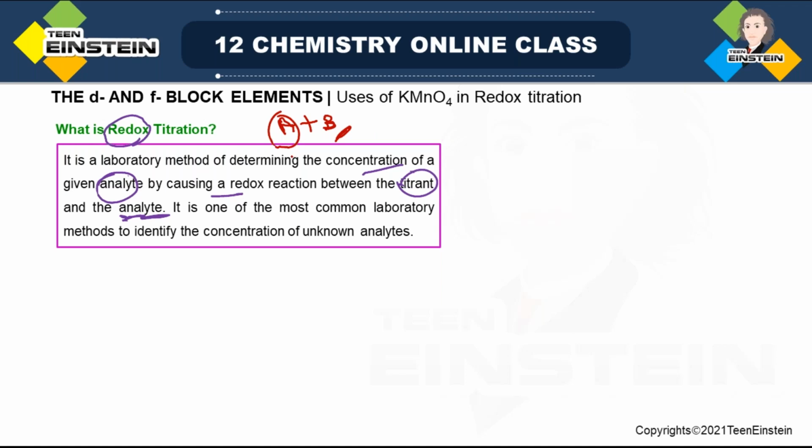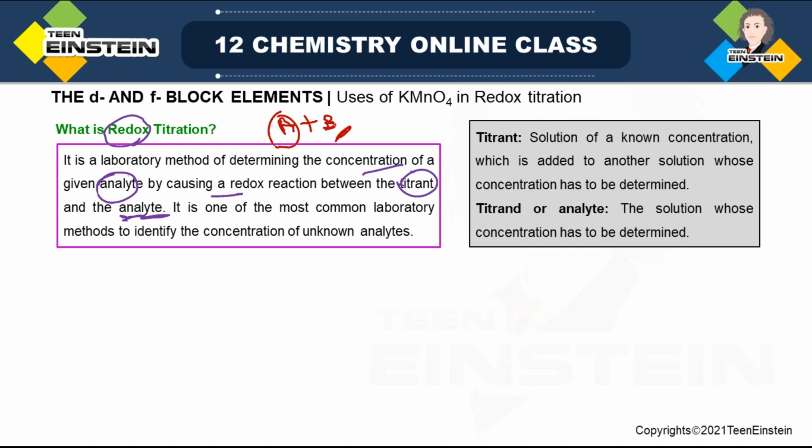A is known, B is unknown. The reaction partner which is unknown is called the analyte, and the reaction partner whose concentration is known is called the titrant. That is the difference. It is one of the most common laboratory methods to identify the concentration of an unknown analyte.